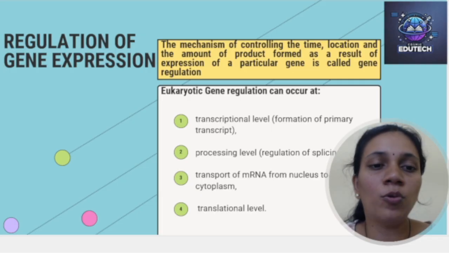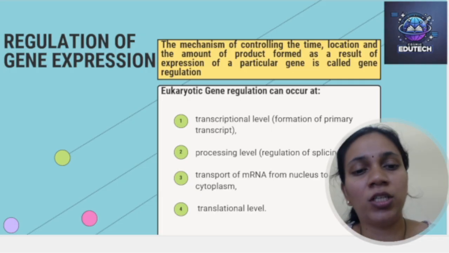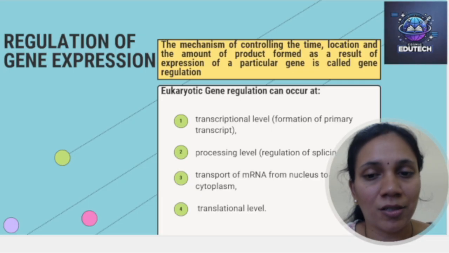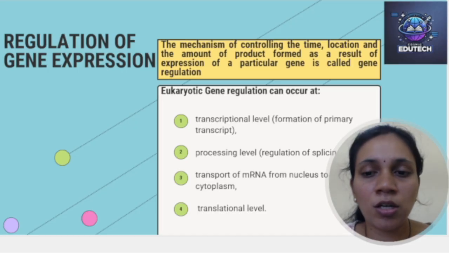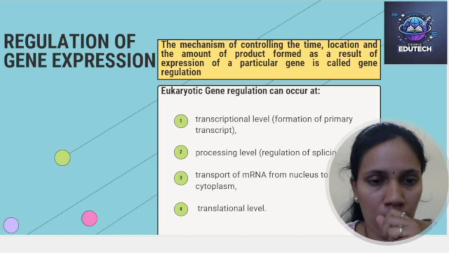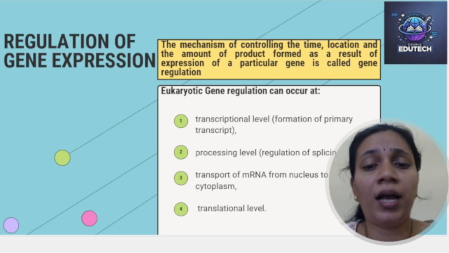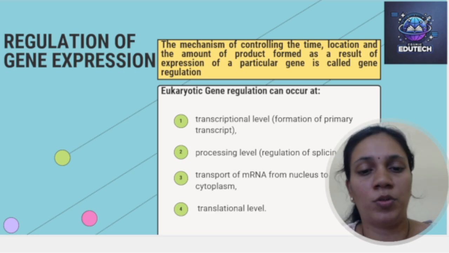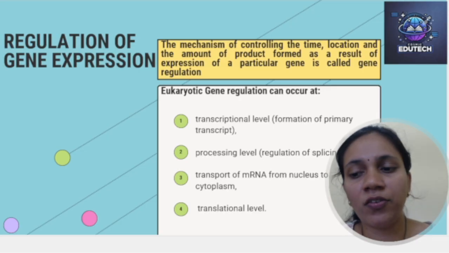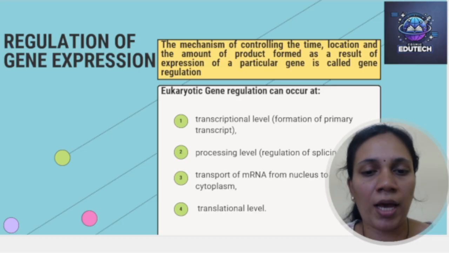So this is how positive gene expression and negative gene regulation occur. The inducer of a negatively regulated gene can be a metabolite, a hormone, or a substrate.